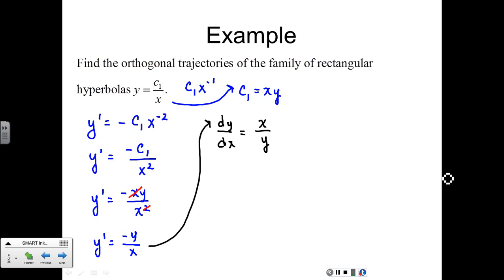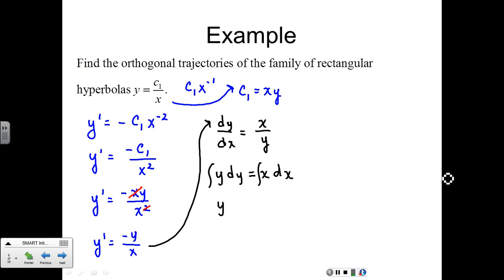Now just separate your variables, do separation of variables, and integrate. So it'll be y dy equal to x dx. That's your dream equation, isn't it? It's a dream come true separation of variables problem right there. Integrate both sides. What is the integral of y?